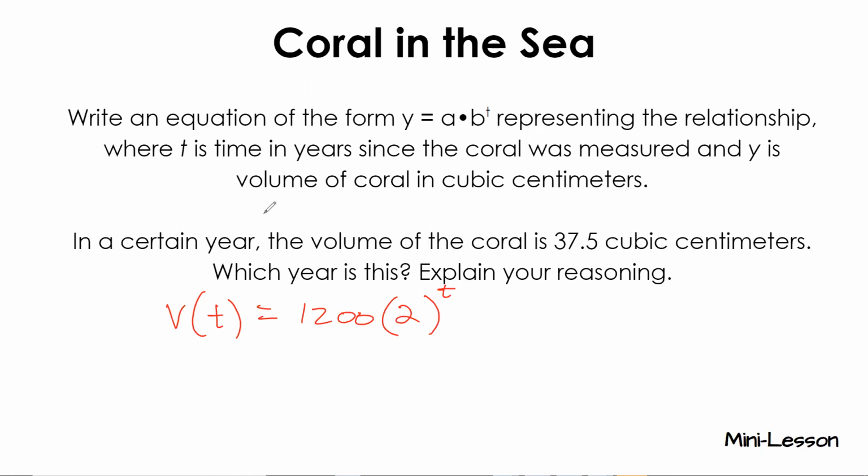Now we want to find in a certain year the volume of the coral at 37.5 cubic centimeters. So we're not plugging in T for 37.5. We're plugging in V for 37.5. How would we go about solving this?